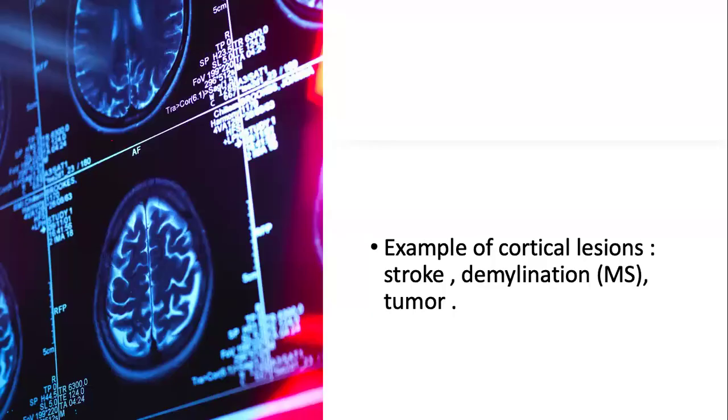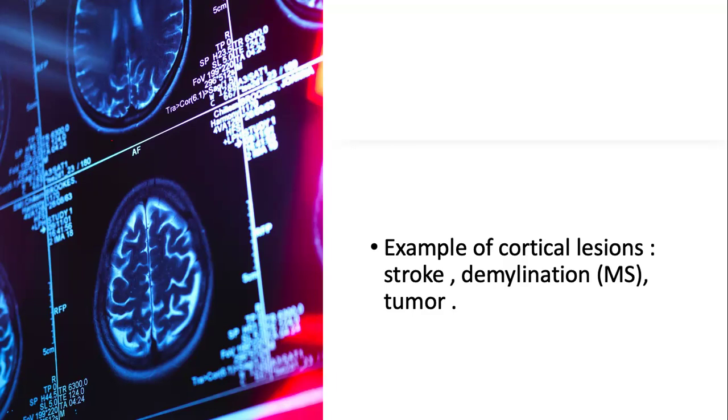What are the classic examples of cortical lesion? A stroke can cause a cortical lesion, as can demyelination or tumor. So if I have a patient who presents with findings suggestive of a cortical lesion, I will look at the time of onset. If it's sudden onset, it goes more with stroke. If it happened over a few days, it will be more with demyelination.